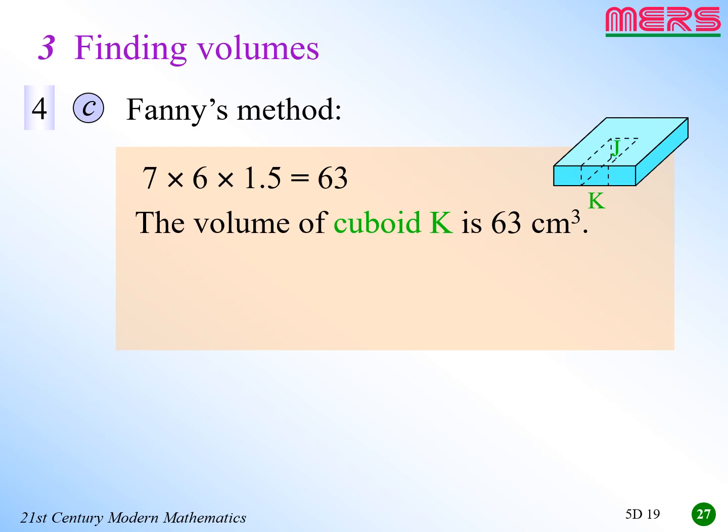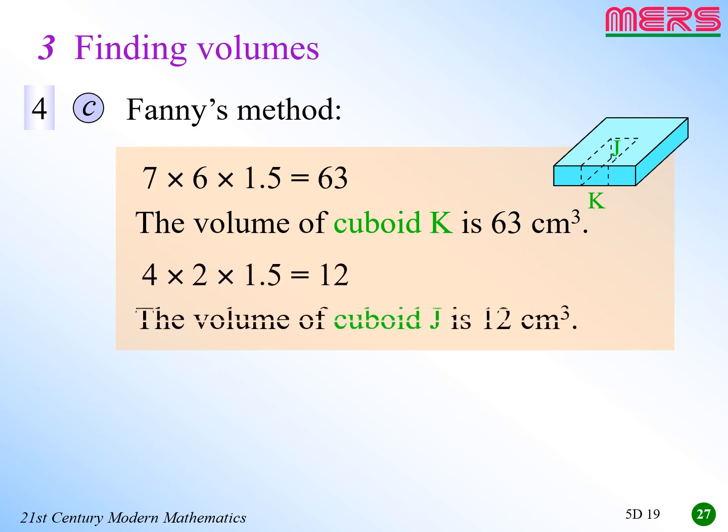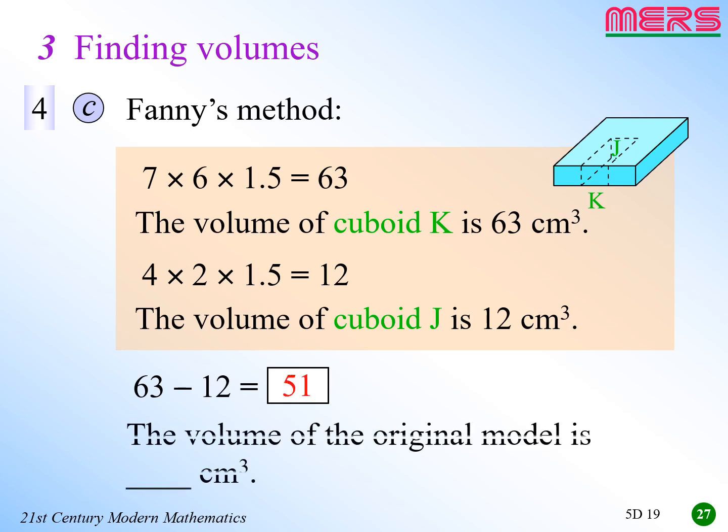The volume of the small cuboid J is 4 times 2 times 1.5, which is equal to 12 cubic centimeters. 63 minus 12 is equal to 51. The volume of the original model is 51 cubic centimeters. The answer is the same as John and Ben's method.